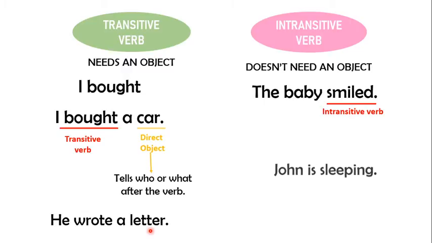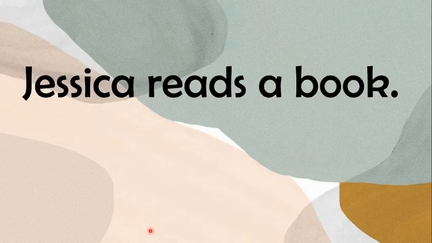Another example, John is sleeping. Here we already know that John is sleeping. It doesn't need an object, because the sentence is okay already. That is the intransitive verb. There are more examples. Jessica reads a book.